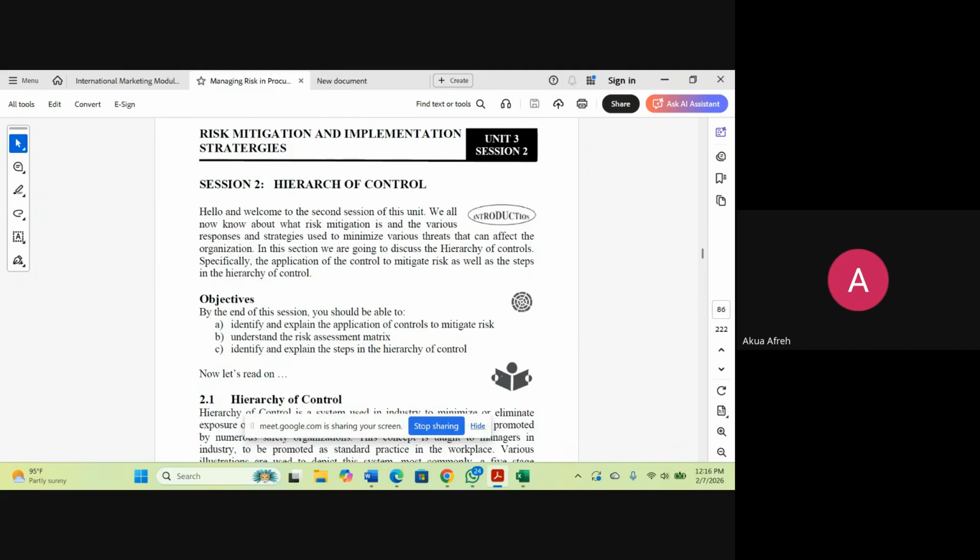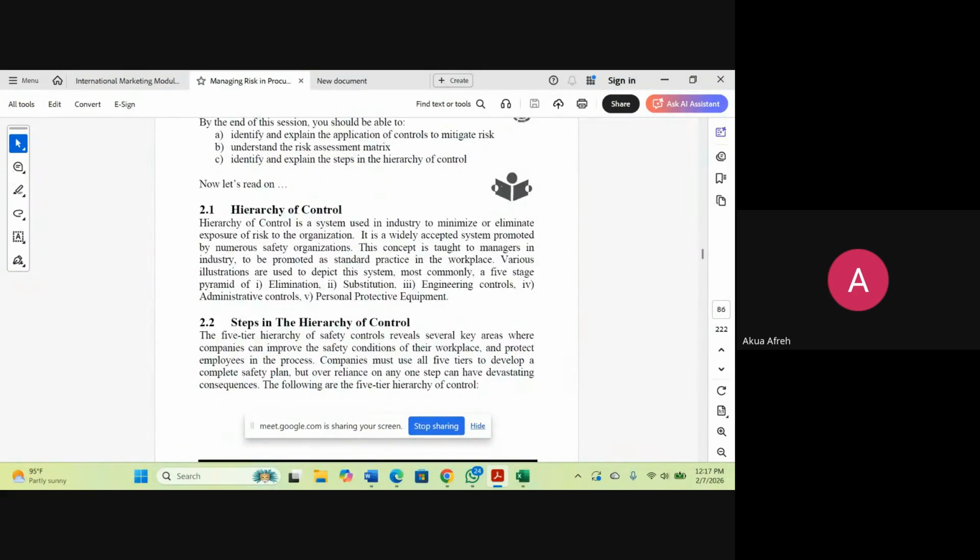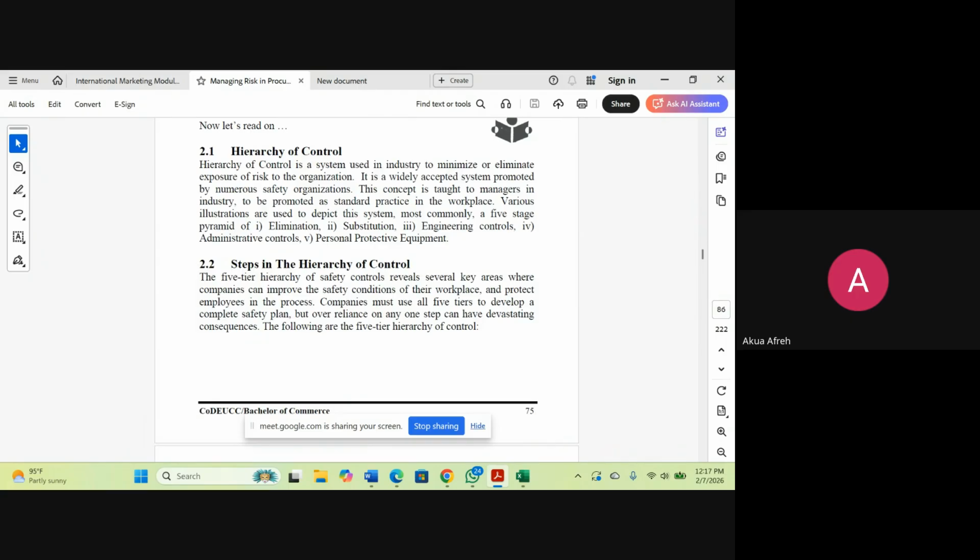Okay. So section 2 talks about the hierarchy of control. With the hierarchy of control, we are saying that it is a structured approach to manage risk.